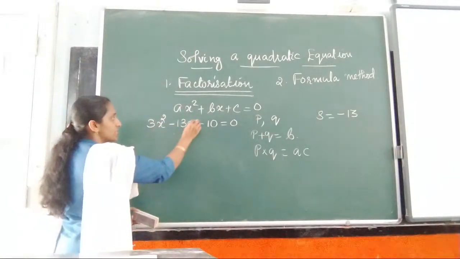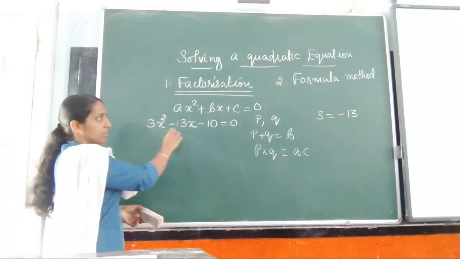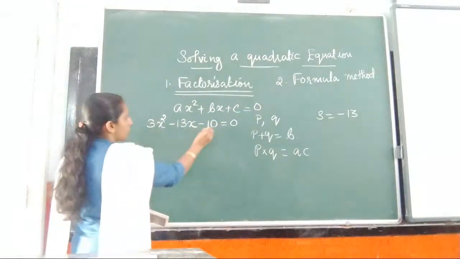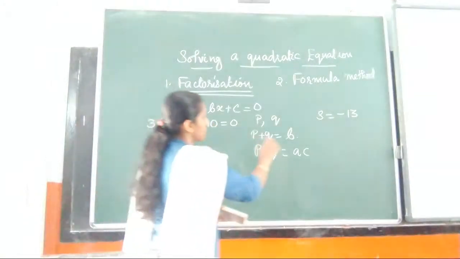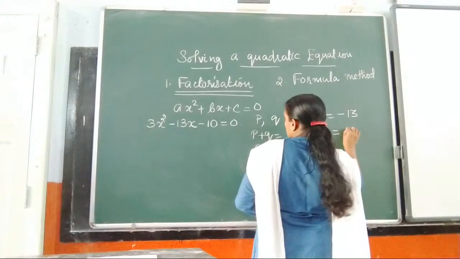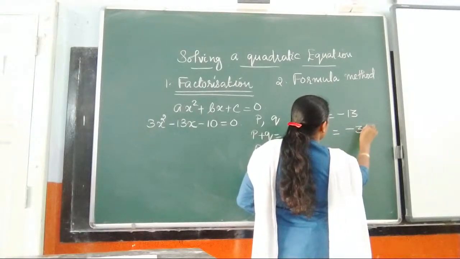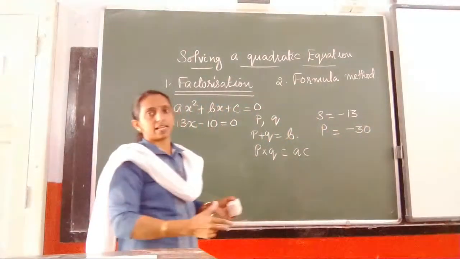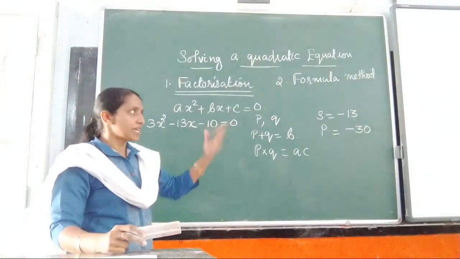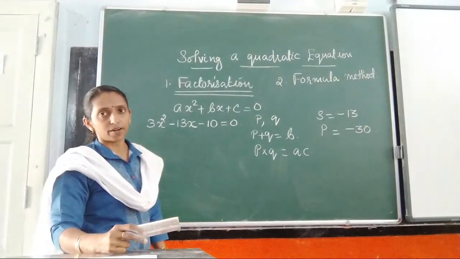So here the middle term is minus 13, so sum should be minus 13. And product will be the product of first and last. So product we are getting as minus 30, 3 into minus 10. So while going through the factors of 30, we can find out the two numbers, right?